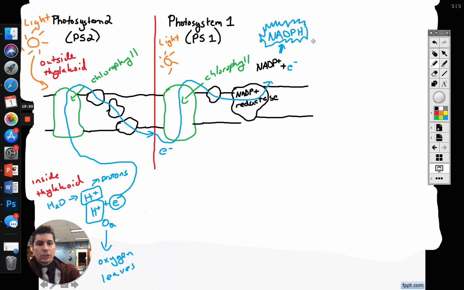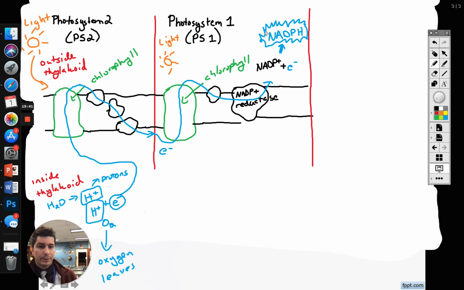Let's talk about what happened in photosystem number 1 here. In photosystem number 1, the electron from photosystem number 2 came over to absorb sunlight. It went to NADP plus reductase, this enzyme here. Anything that ends in ASE is an enzyme. It took our NADP plus.